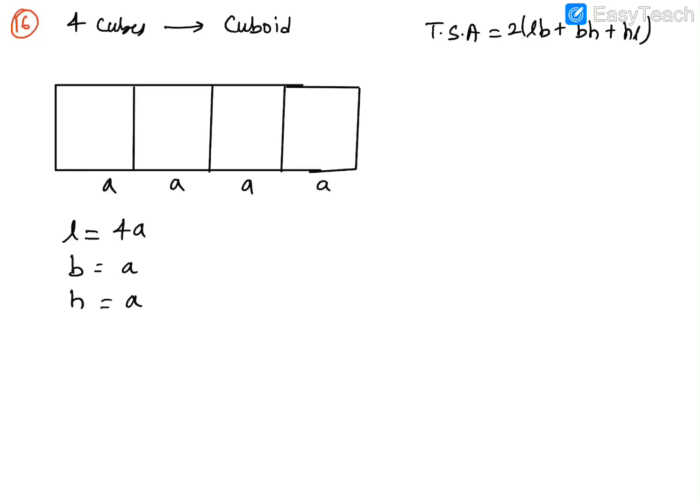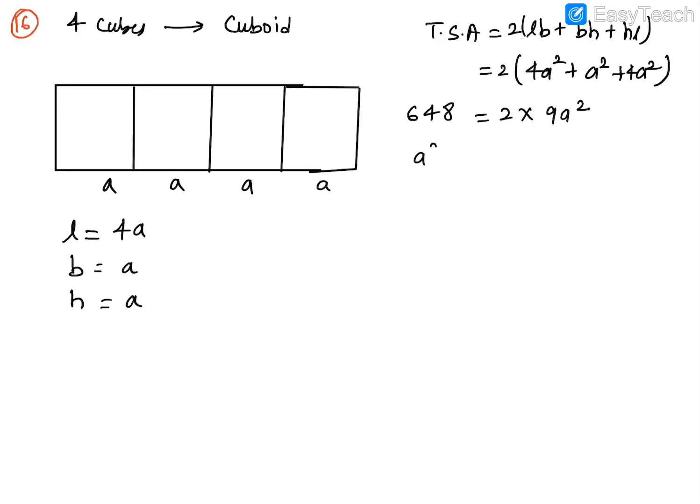Now substitute. So what will this become? It is equal to 2 times LB, which is 4A squared. BH is A squared. HL is A squared. Now HL will also be equal to 4A squared. So look at 2 into (8 plus 1), 9A squared, which is equal to TSA, given as 648.